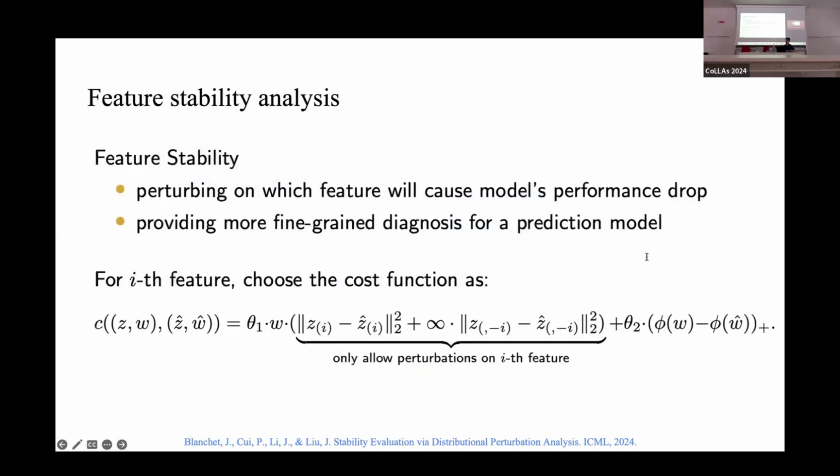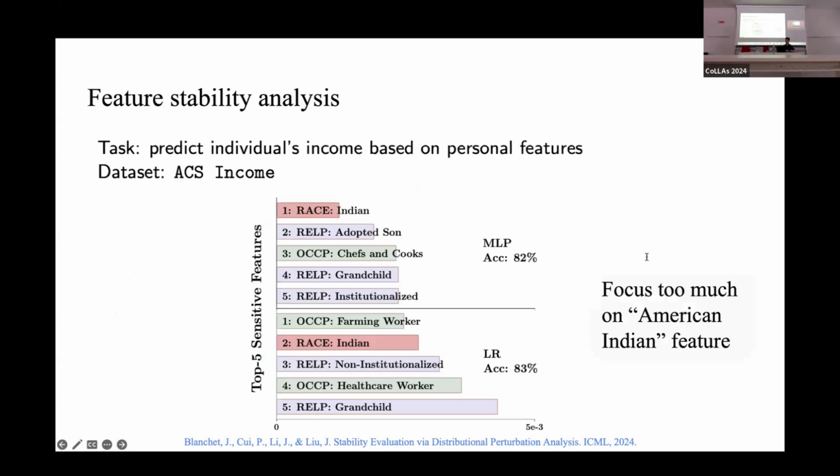And also our framework enables us to assess feature stability. We can perturb only one feature each time, and then calculate the stability measure to compare the stability between different features. And here we get some results. Again, on the income prediction task, we measure the feature stability of a neural network model and also a logistic regression.